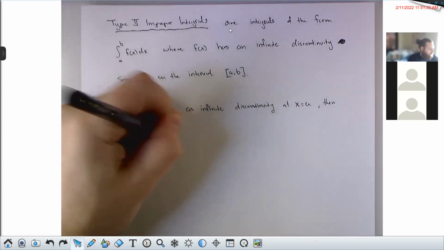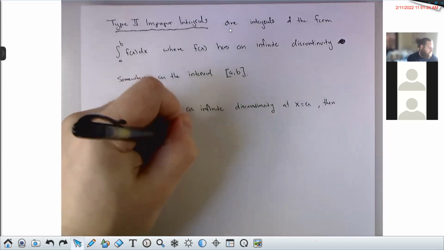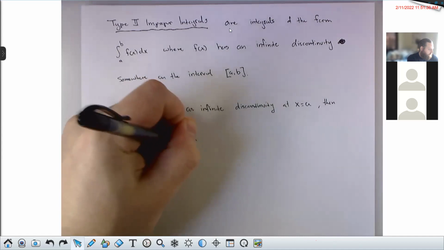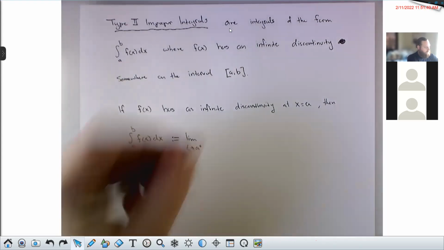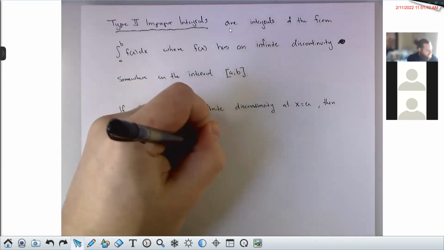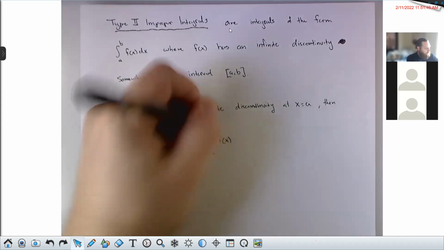We define that type 2 improper integral to be the limit as t approaches a from the right of the integral t to b f of x dx.